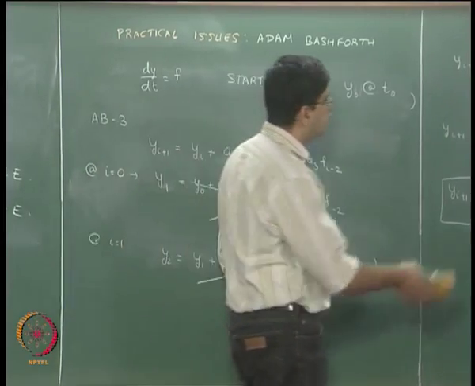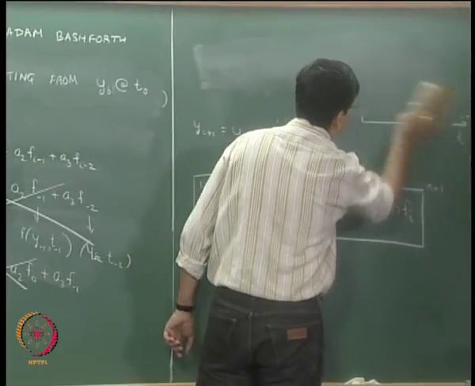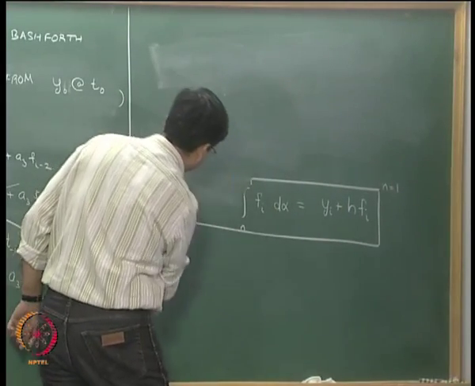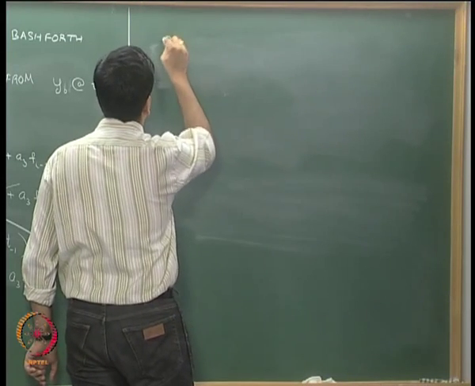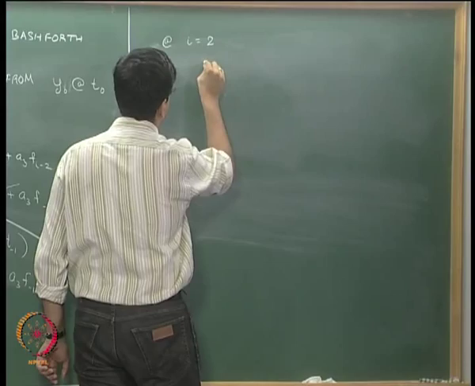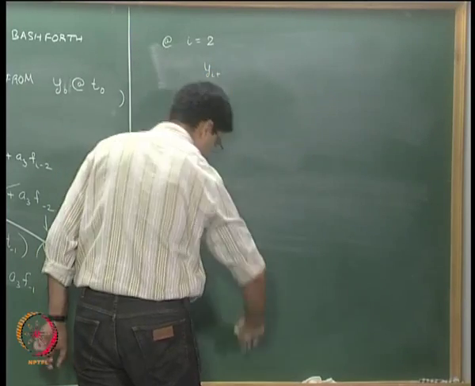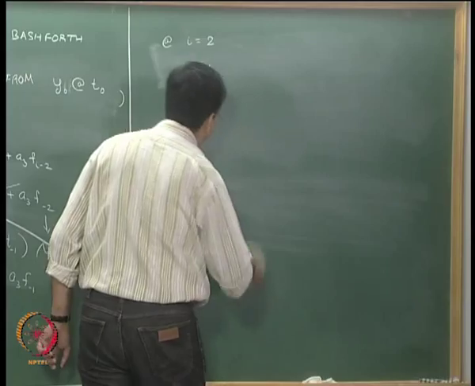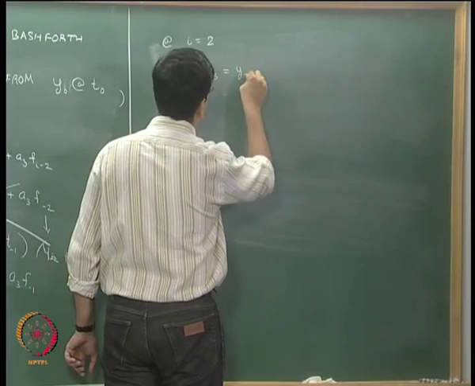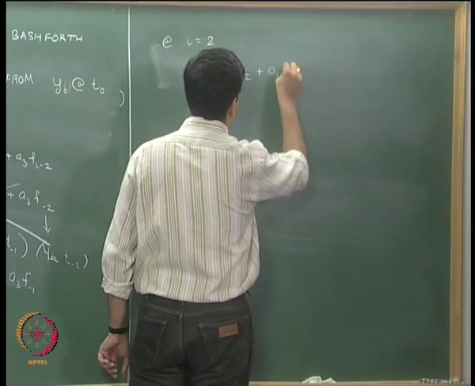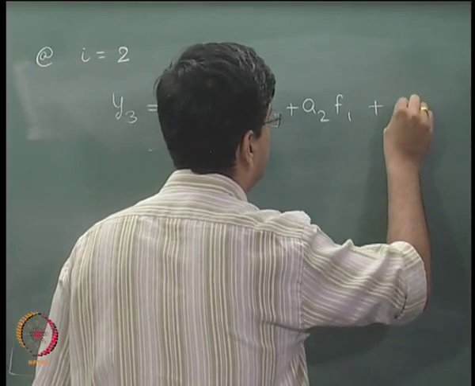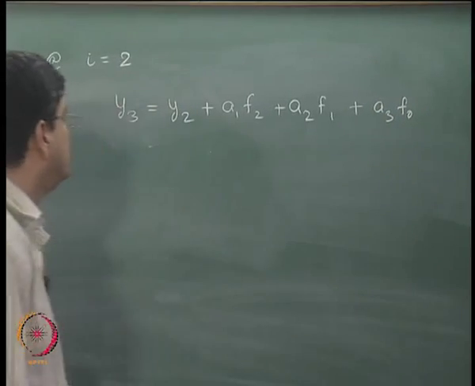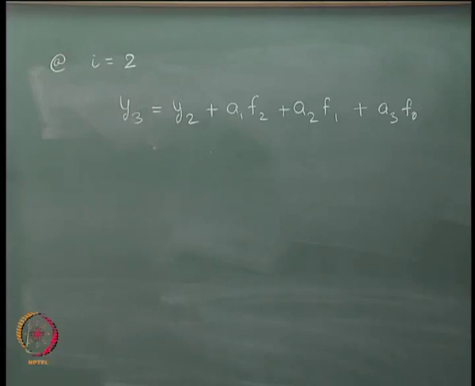At i equal to 2, what happens? At i equal to 2, y3 is going to be equal to y2 plus a1 f2 plus a2 f1 plus a3 f0. Now starting from i equal to 2, we can actually use Adam-Bashforth third order method.